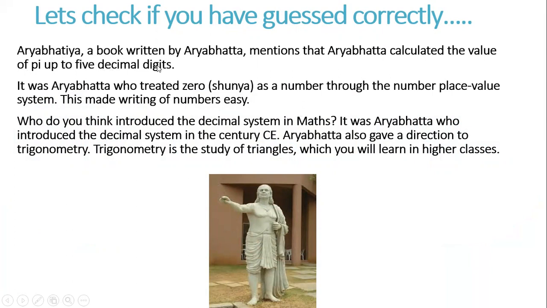During that time, these scholars were ahead. It was Aryabhatta who treated zero or shunya as a number through the number place value system, and this made the writing of numbers easy. Who do you think introduced the decimal system in maths?